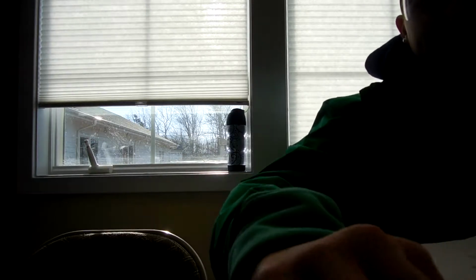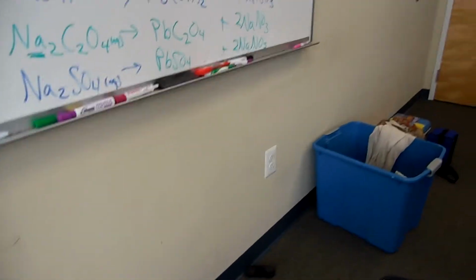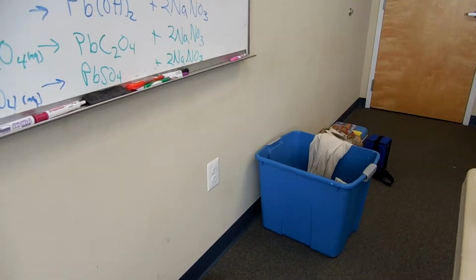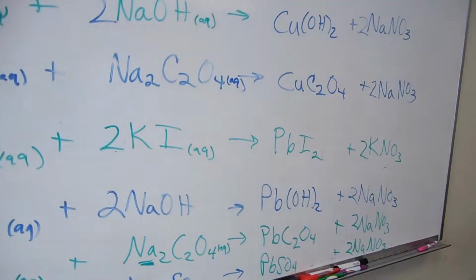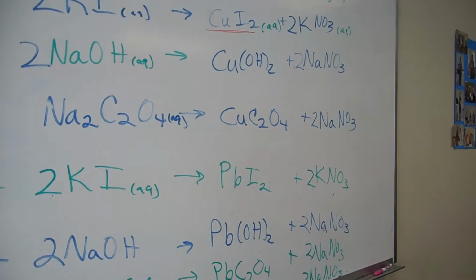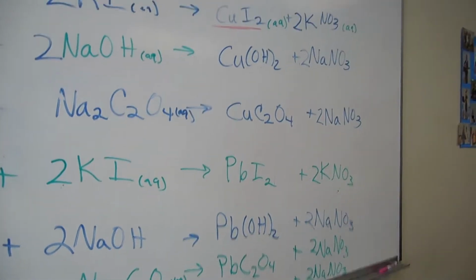Okay, so let's do the next one and see what we think. We've got copper nitrate and sodium hydroxide. So what do we predict about those two products? So copper hydroxide, if we look at rule 7, what do we think? There will be something because hydroxides are insoluble.